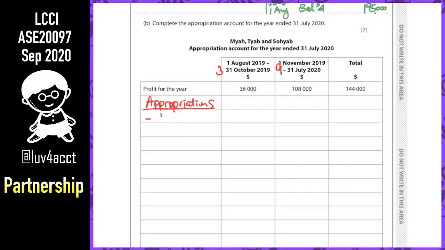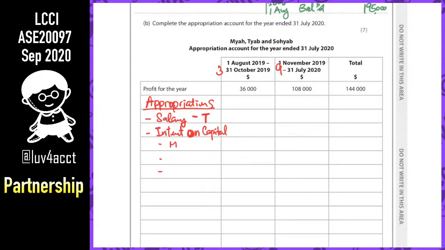First we have the salary, of I think only T. And then we have the interest. Interest on capital, we have all 3.